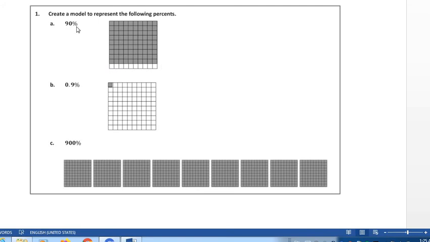I want to know 90%, so I will shade 90 boxes out of 100. For 0.9%, I'm taking just one. For 900%, 100%, 100%, and so on until I have 9 models. Each model has 100%, so I draw 9 models, so they are 900%.